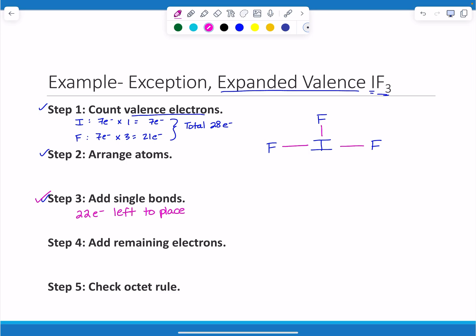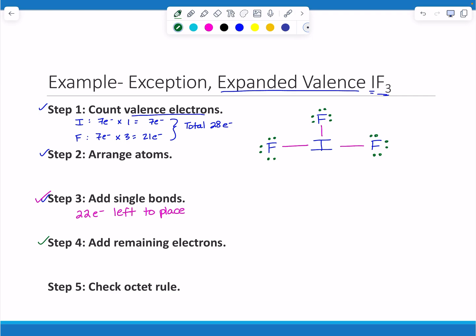So here we go. Let's place those remaining electrons. We'll put those in green. So we've got 1, 2, 3, 4, 5, 6. If we put 6 around each of the fluorines, they will satisfy the octet rule because the bond gives them the extra 2 electrons that gets them to 8.